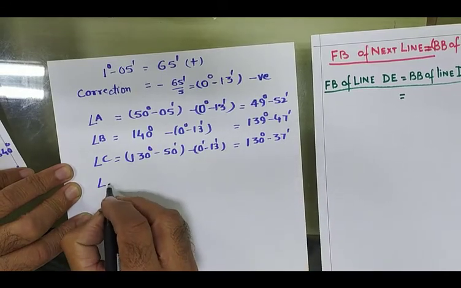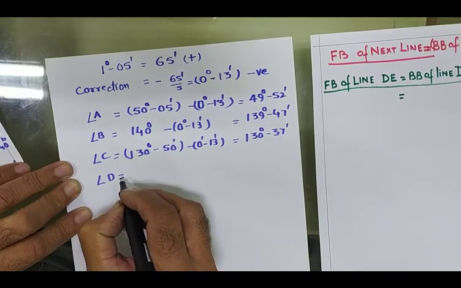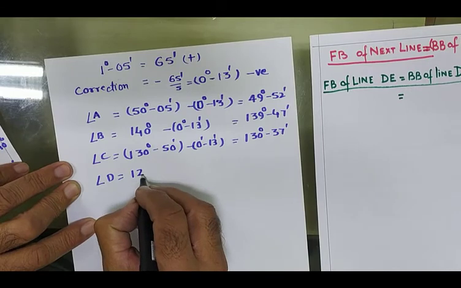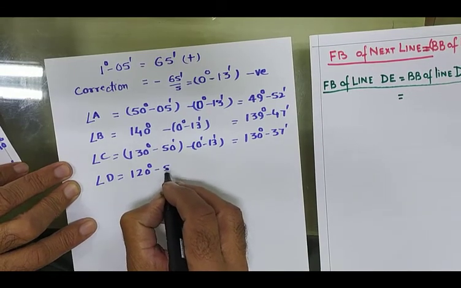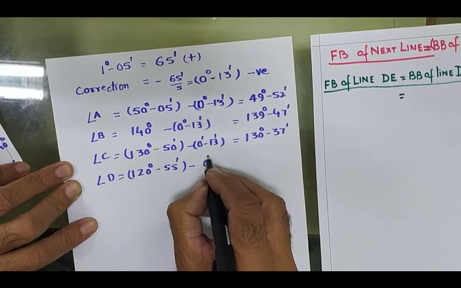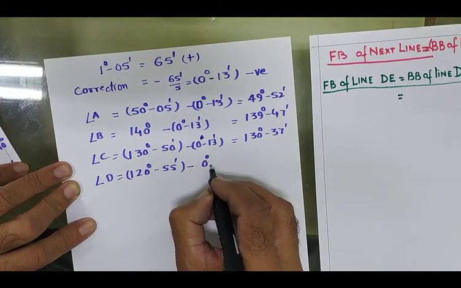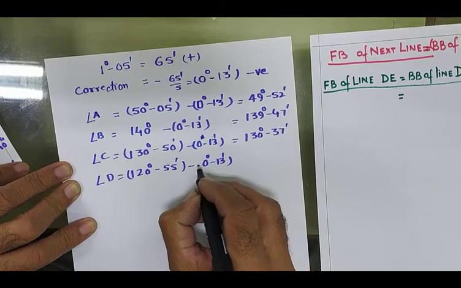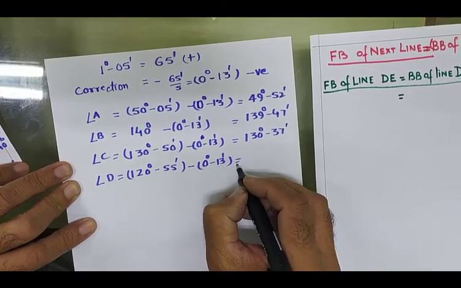Then angle D is over here. This angle D is equal to 120 degree 55 minutes. From this again you apply the correction of 0 degree 13 minutes. So we have to calculate all the angles.